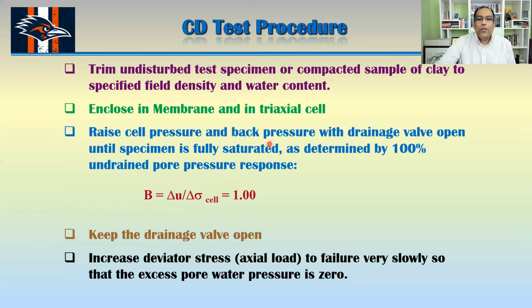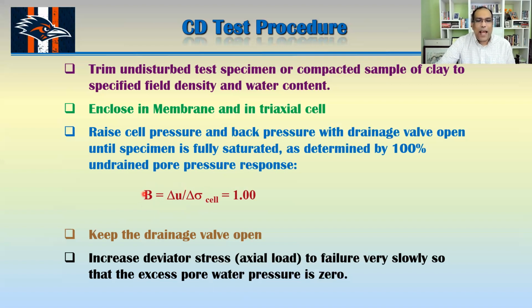Now, to make sure that your soil is completely saturated, we check that B value. We'll talk about that. That big B value is nothing but the change in pore water pressure divided by the change in your cell pressure. So if you change your cell pressure, let's say 10 psi, then your pore water pressure has to change also 10 psi.